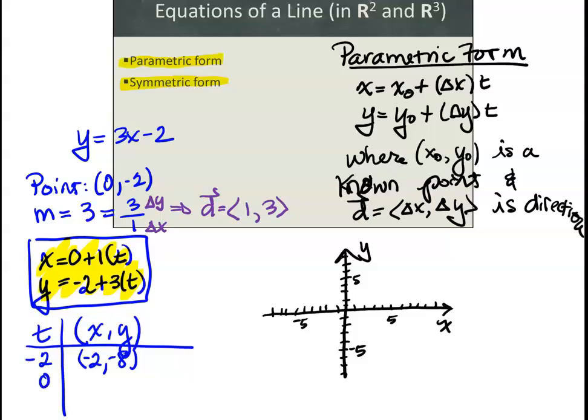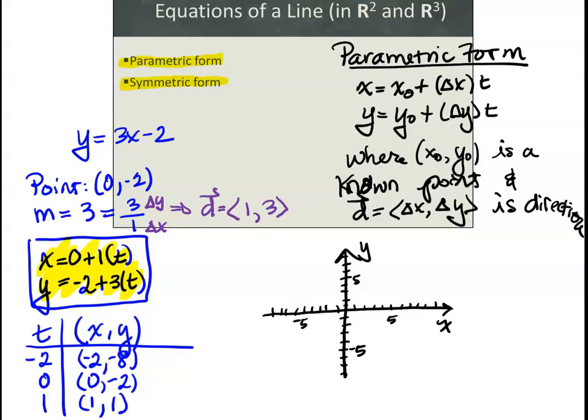If t is 0, my x coordinate is 0 plus 0, so that's 0. And my y coordinate is -2 plus 3 times 0, so -2. For a third point, let's do t equals 1. T equals 1, we get 0 plus 1 times 1, so that's 1. And we get -2 plus 3 times 1. -2 plus 3 is 1.